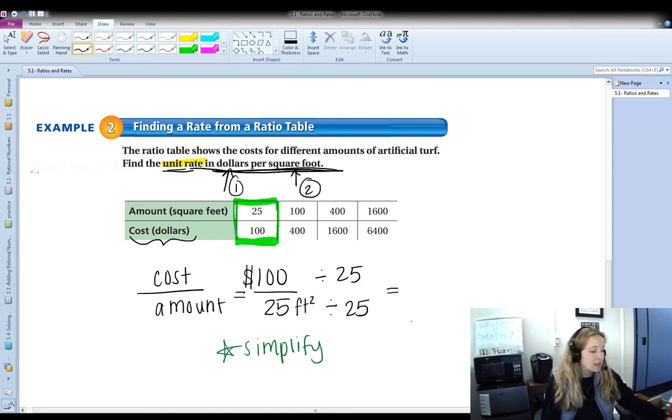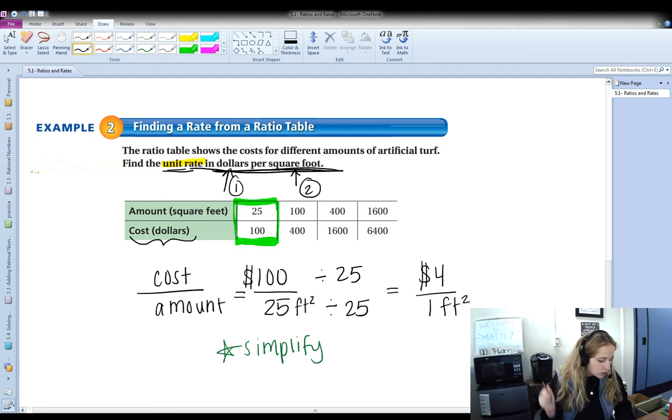This is going to give me my unit rate. So 100 divided by 25 is going to give me 4, and remember, it's dollars. And 25 divided by 25 is going to give me 1 foot squared. All right, this is the unit rate. It's $4 per square feet.